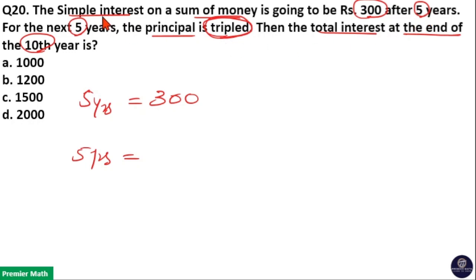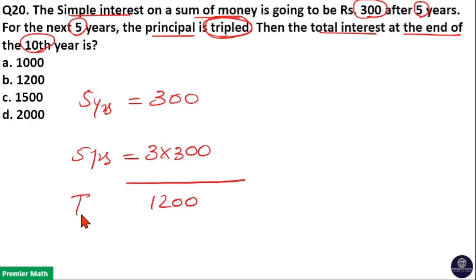And number of years and rate are same means simple interest also tripled, that is 3 into 300. 900 is the interest for the next 5 years. So total interest become 300 plus 900, 1200 rupees after 10 years. So option B is your answer.